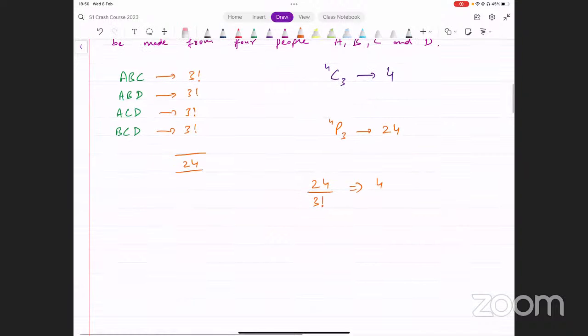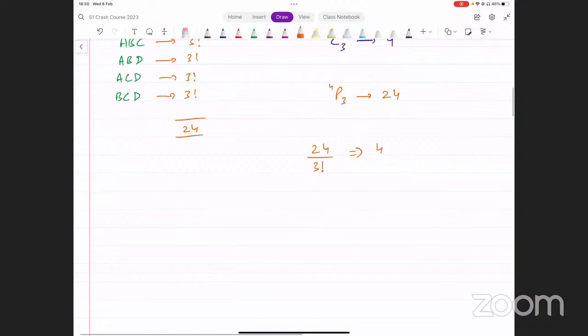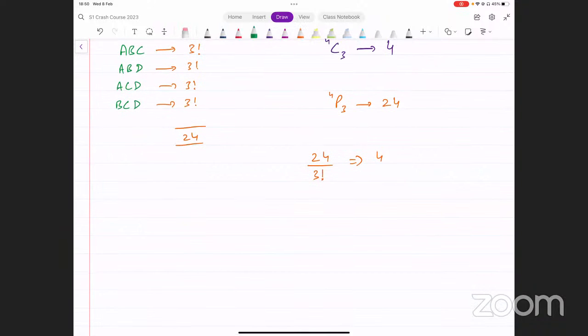Now, why is that relevant? The nCr formula looks like this. The nCr formula is n factorial over n minus r whole factorial into r factorial. Now, this part of it is actually the permutation formula.